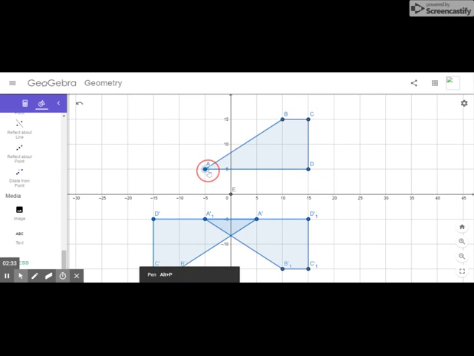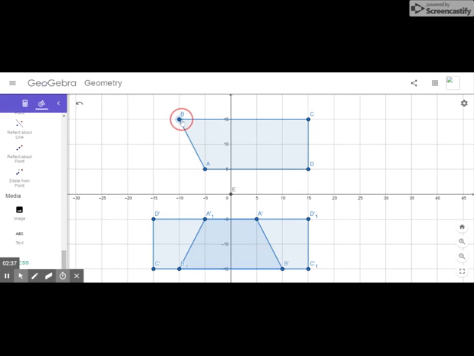So if I continue to play around with this quadrilateral, I might notice that as I move the points to different locations, the images get closer and closer to corresponding until they actually do.